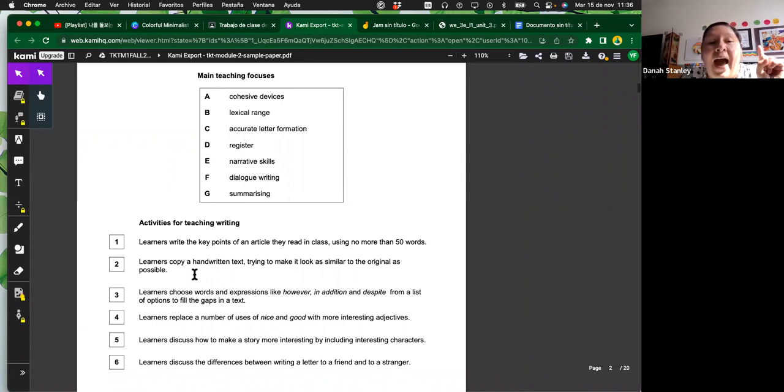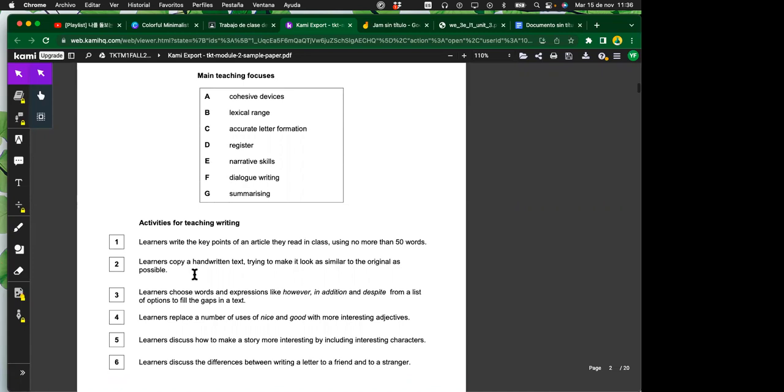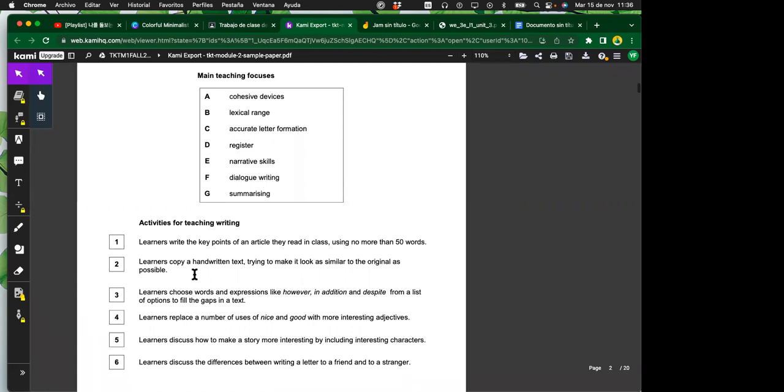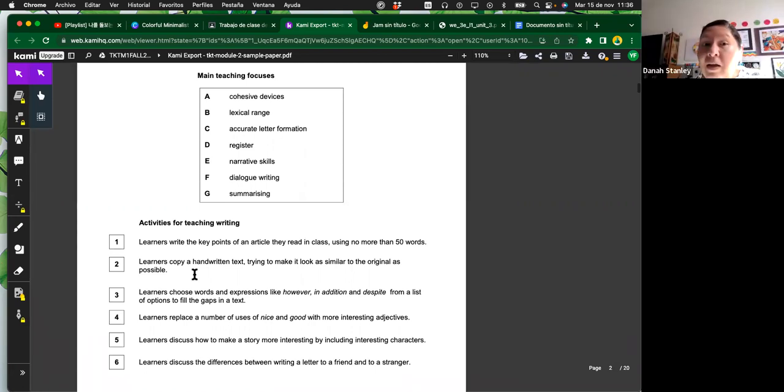Learners copy a handwritten text. Se las doy escrita a mano. Register. Trying to make it look as similar as the original one. It's C. Sorry? Letter C.